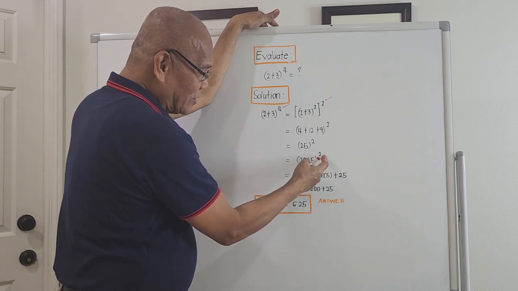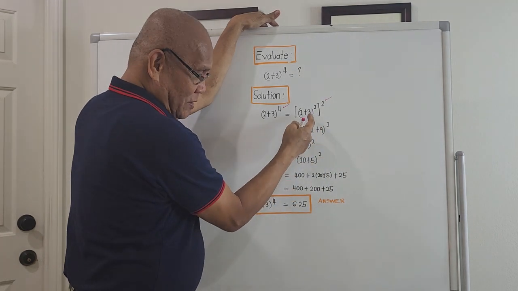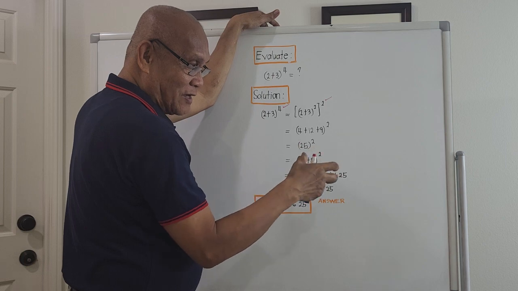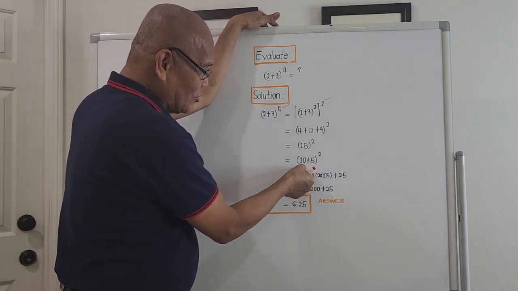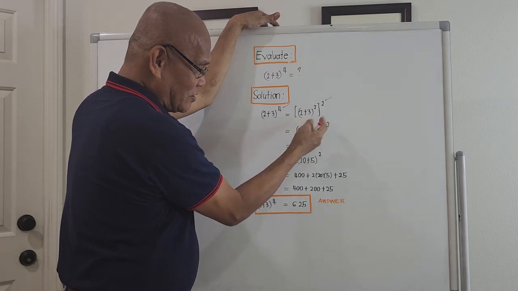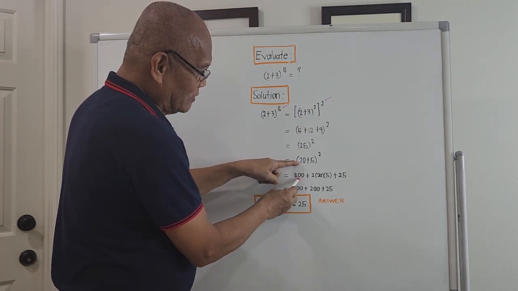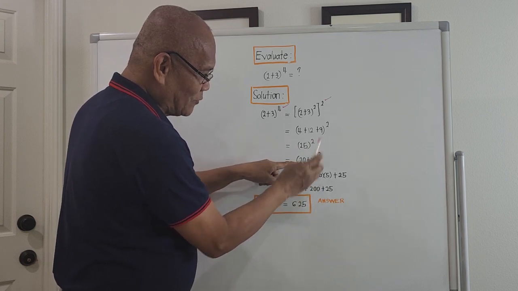And again, if I try to expand this one, I will be using the first solution that I have done here, that is expanding a binomial term. So the expansion of this, by using the same as the first one, will be the square of the first one, which is 400. The middle term will be the product of 20 times 5 times 2.